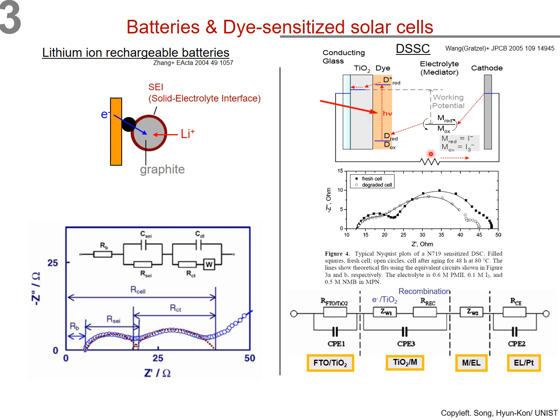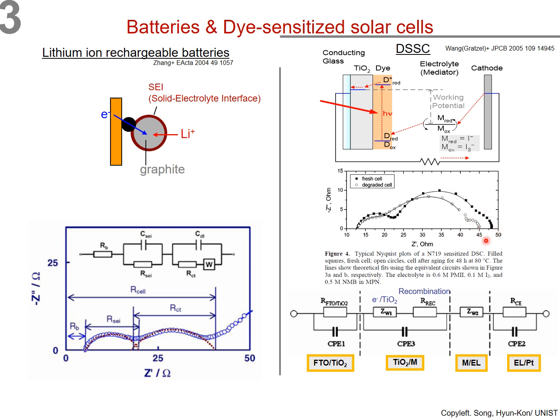How many semicircles are involved in this system? Three or four or something like that. So here is the experimental data, and just follow the Nyquist spectra like that. We have the first semicircle, second and third semicircle.